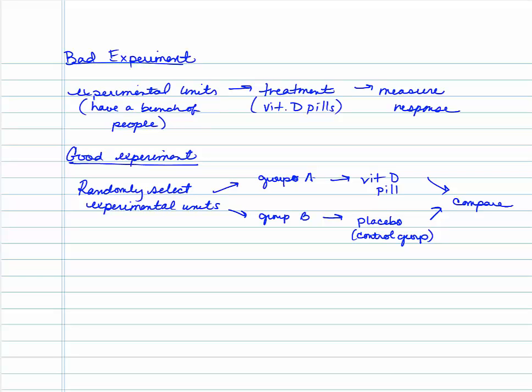You would hope that someone would do that prior to prescribing a pill for you, making sure that it actually is effective. There's a couple things to know about this. It's helpful if participants don't know if they have the actual pill or the placebo pill. So it's helpful to have a single blind study, which means one person doesn't know what they're receiving.